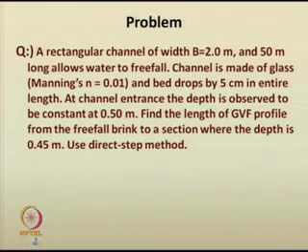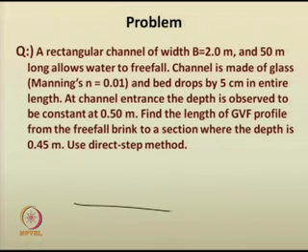A demonstrative problem will help you in solving this. Let us show that example. So, please note this particular problem. A rectangular channel of width b equal to 2 meter and 50 meter long allows water to free fall. The channel is made of glass, that is Manning's n is equal to 0.01. The bed drops by 5 centimeter in the entire length.